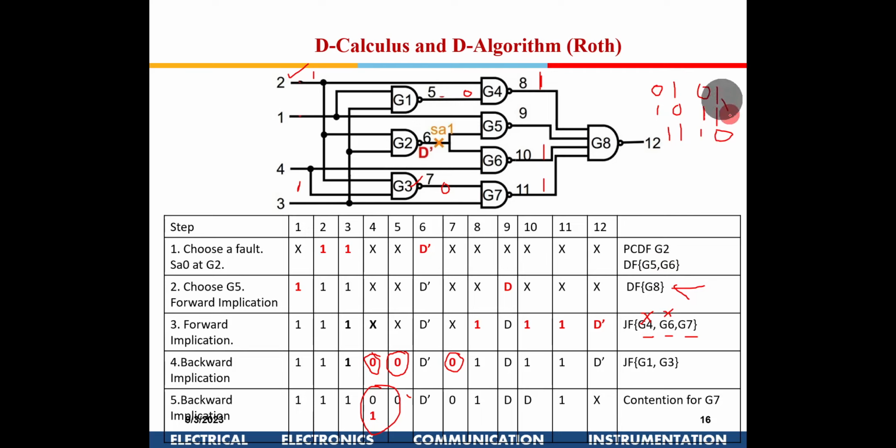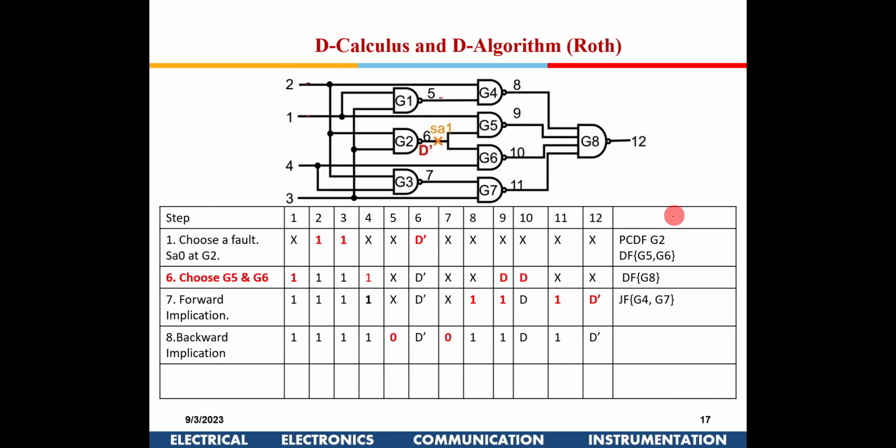Because here you will find that a lesser number of events would occur. So what it is going to do here is I am choosing both the paths, G5 and G6, and going back here. Now when I choose both the paths, G5 and G6, I have D and D bar here, so I am putting this into the D frontier, G8.